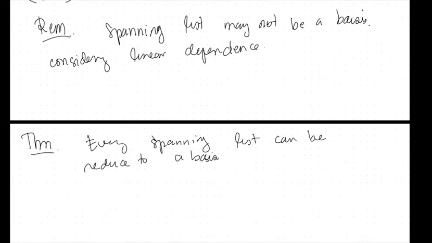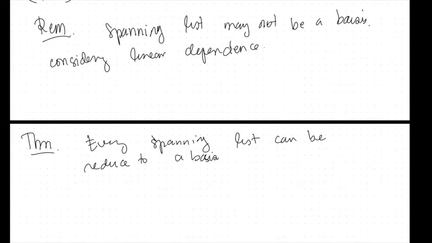So, you just take a vector, V1, and if V1 is 0, delete it, and then the remaining is still spanning, and then inductively take another vector. If the vector is in the span of the remaining vectors, just delete it. If the vector, say v sub j, is not in the span, leave it unchanged.